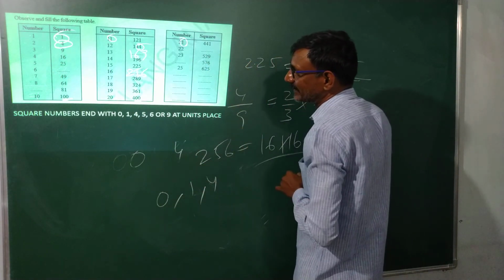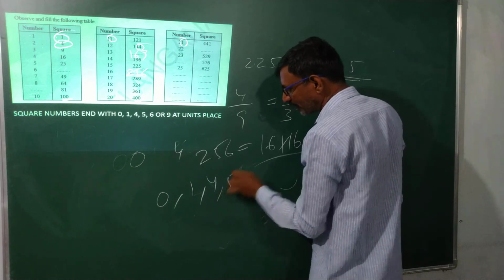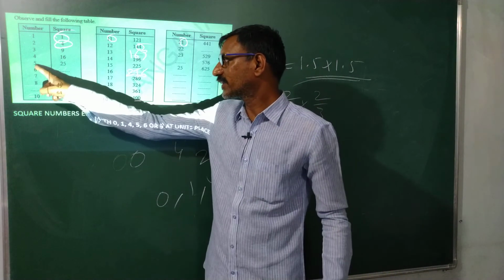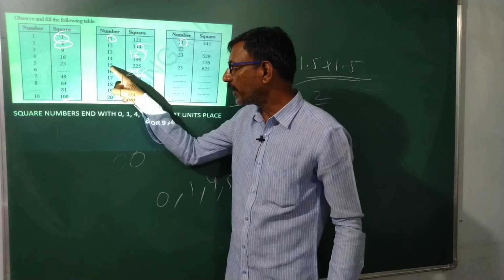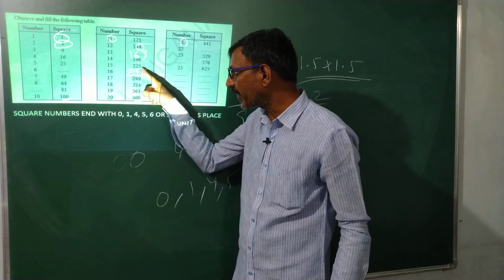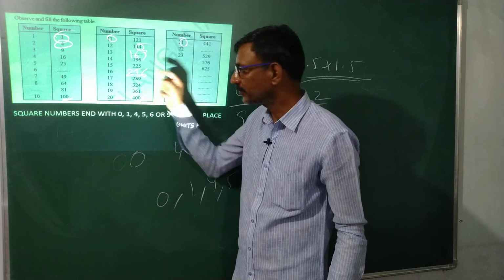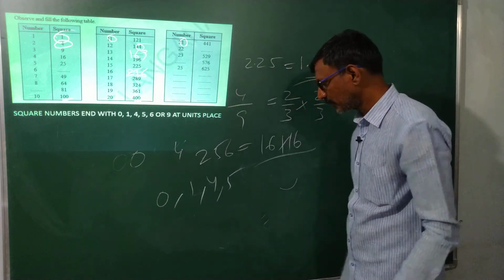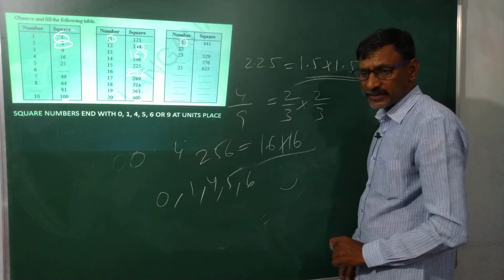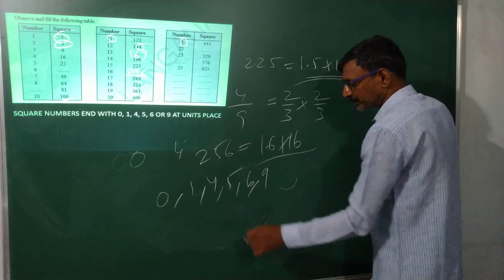Next 5. See here, the square of 5 is 25, ending with 5. 15 square is 225, ending with 5. 25 square is 625, ending with 5. Similarly, squares end with 6 and with 9.